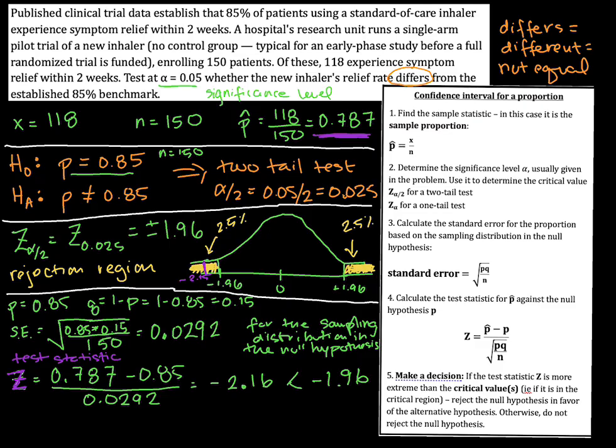Therefore, we reject H naught. So we can say that the proportion who experience relief in 2 weeks is different from the established 85%.